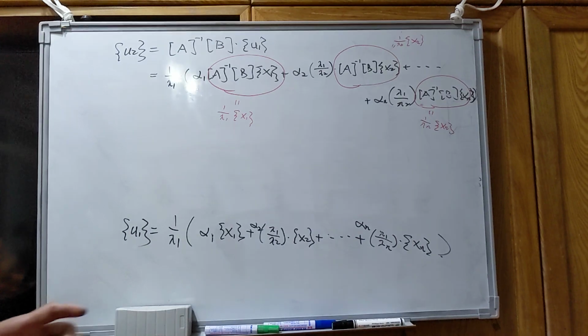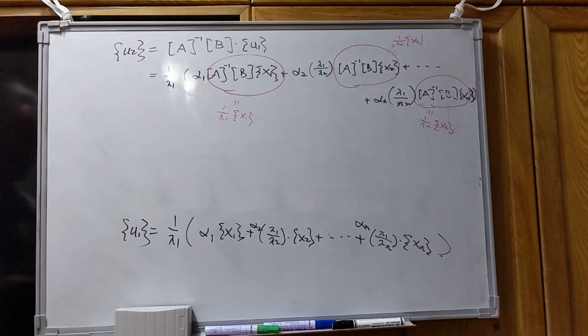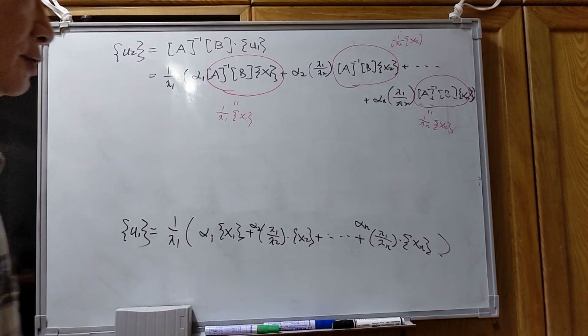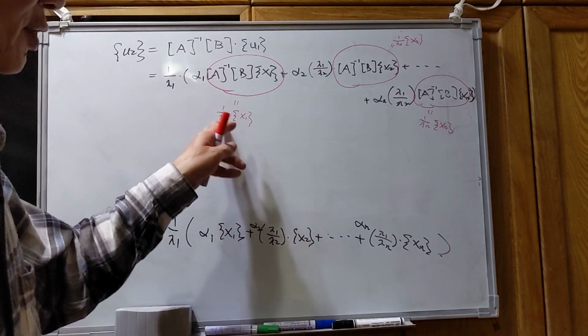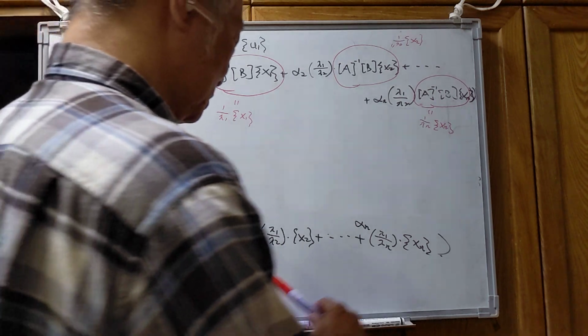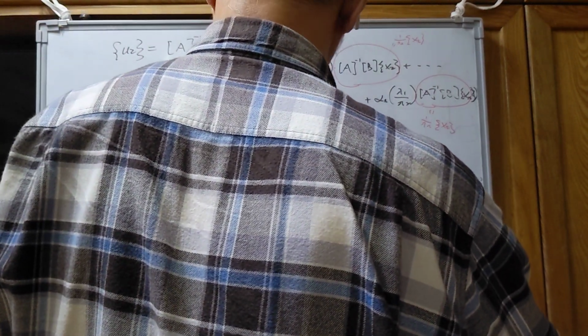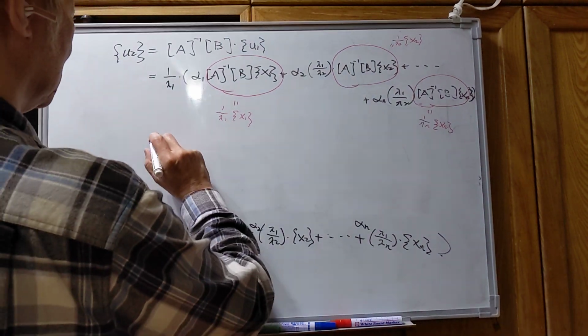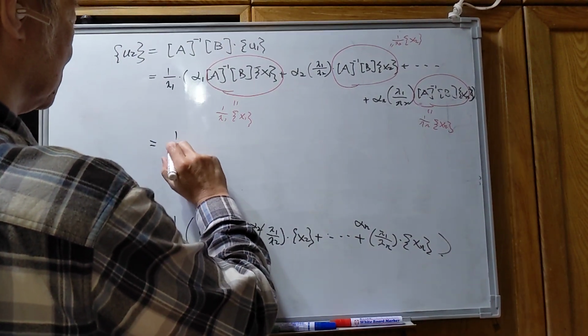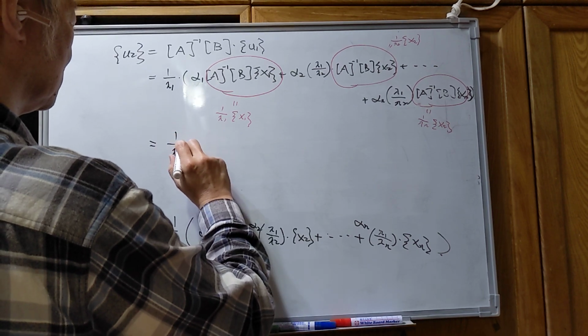Okay, so as long as we multiply the A inverse B to any eigenvector, then it is equal to this one. So we can change these expressions again. We can take out the lambda 1 squared.